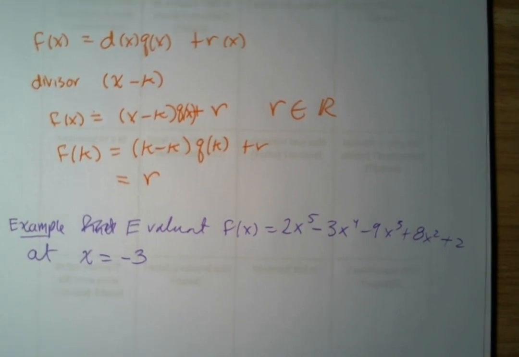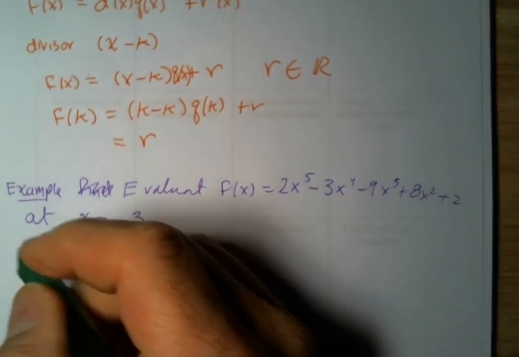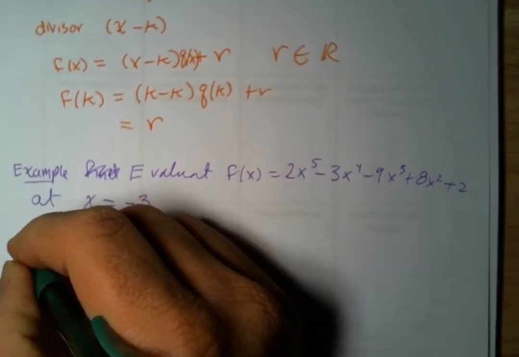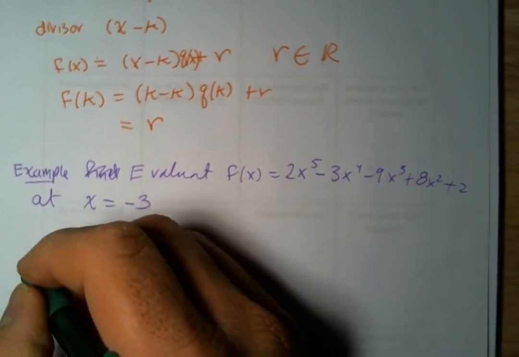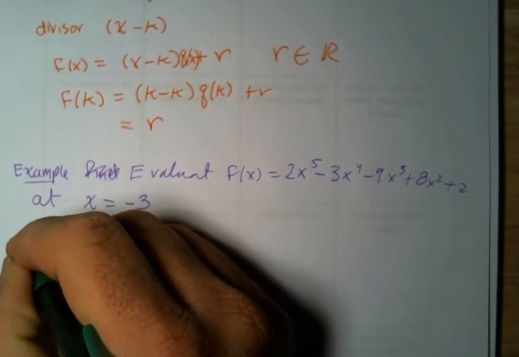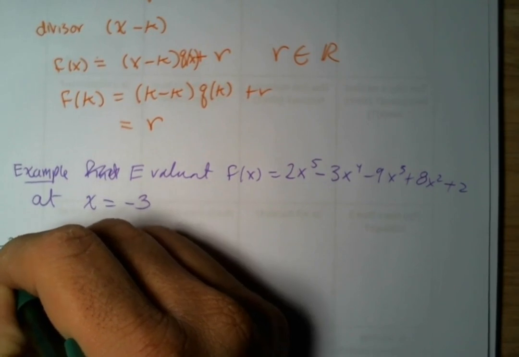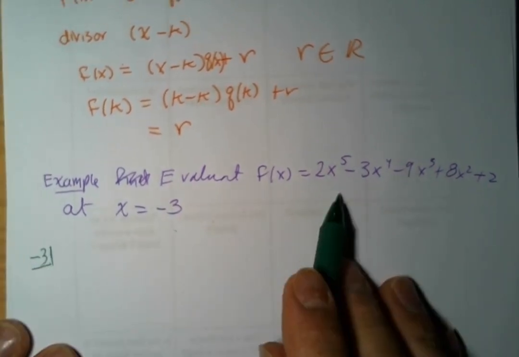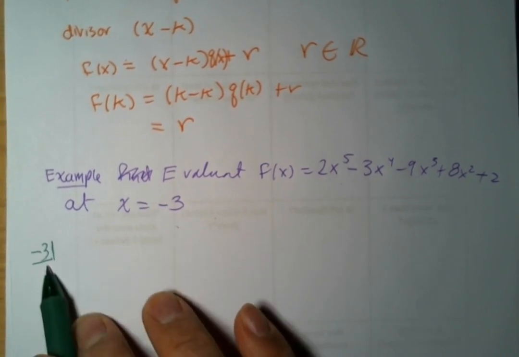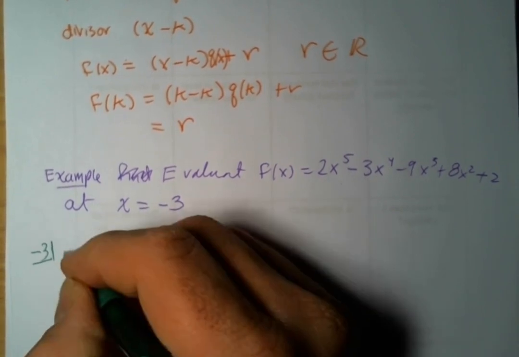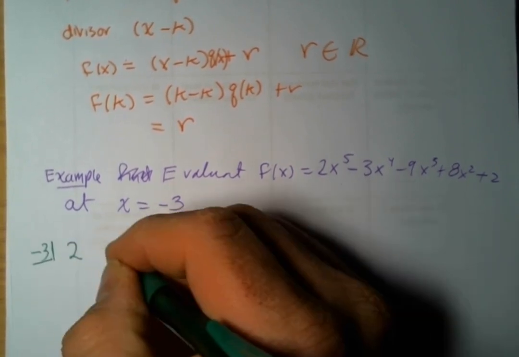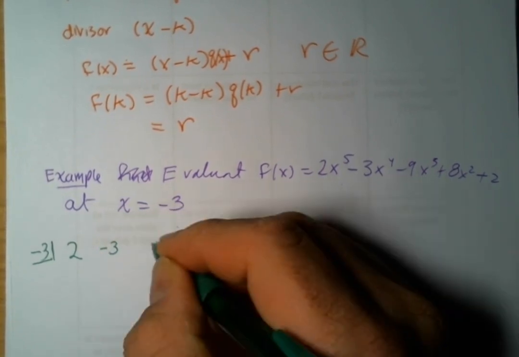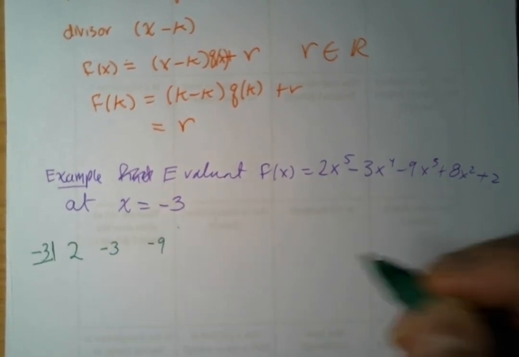Here we can interpret the divisor as x plus 3, which is x minus negative 3. So I set up a synthetic division, plugging in negative 3, and take the coefficients: 2, negative 3, negative 9, 8.